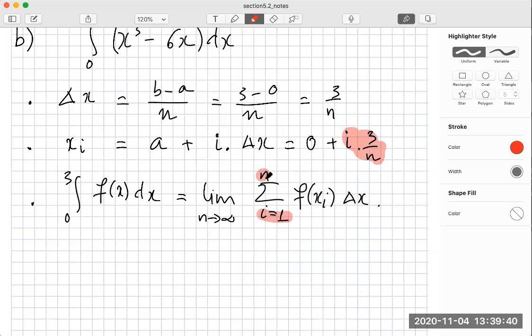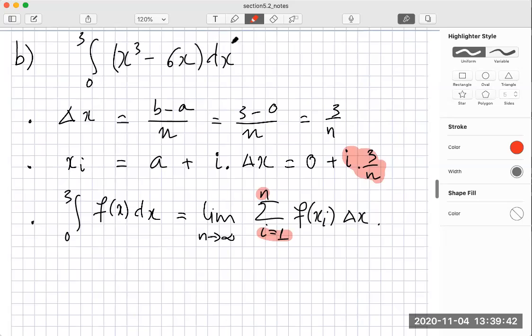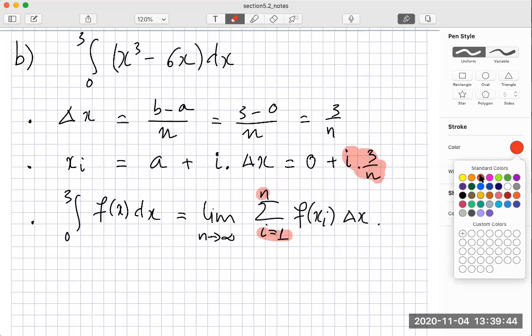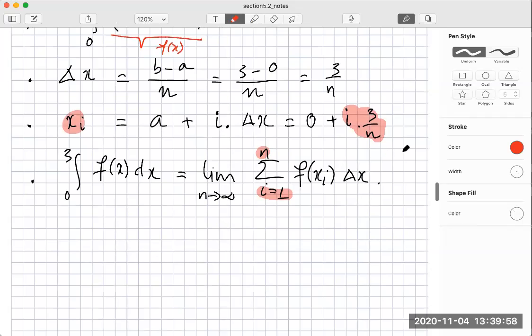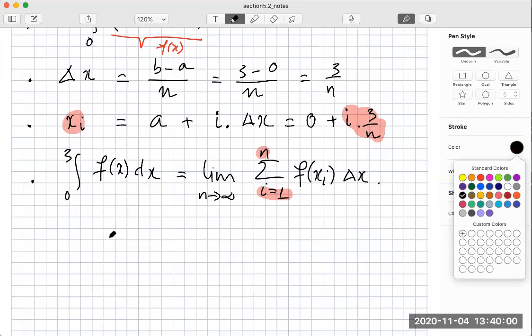Now, we know the function, this guy, right? Therefore, we know xi is given in this formula. So can we rewrite the limit here?